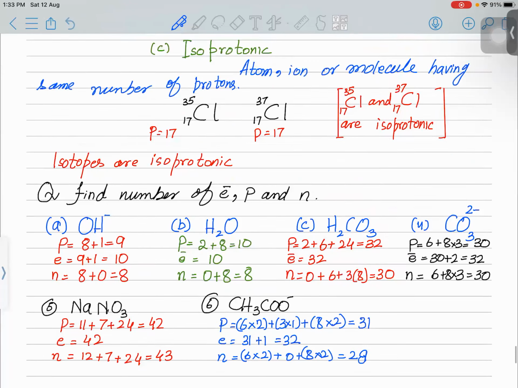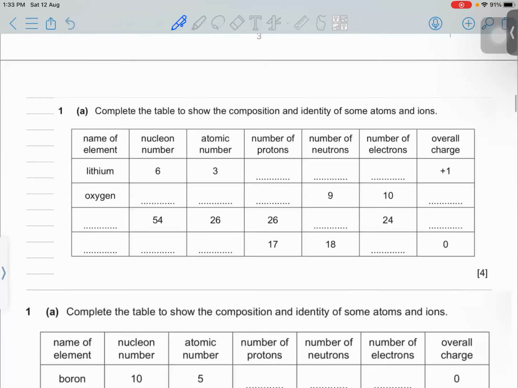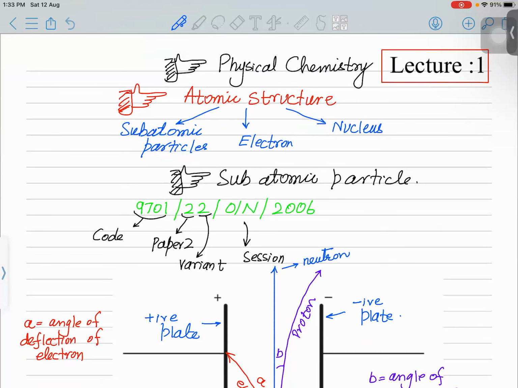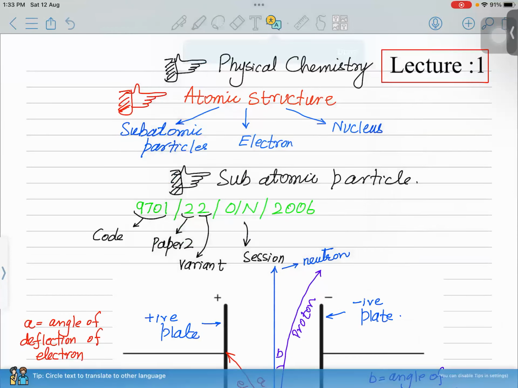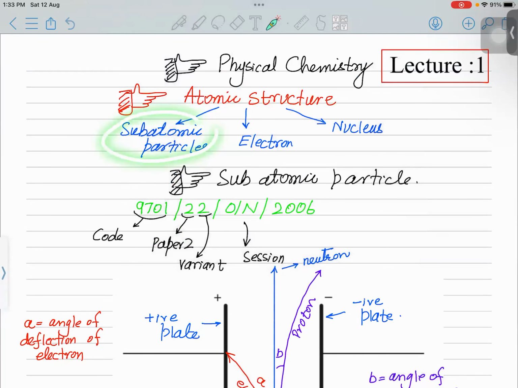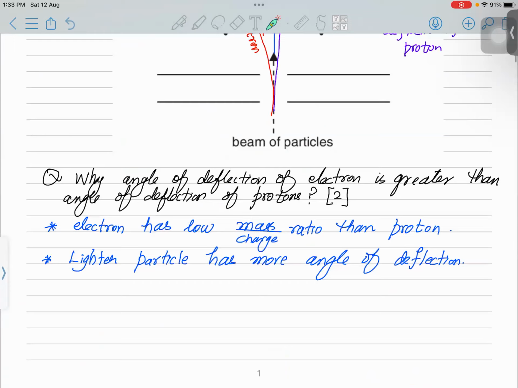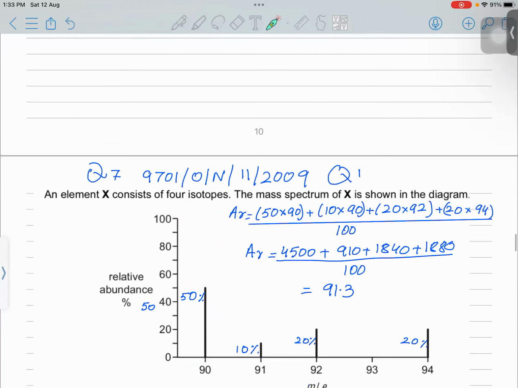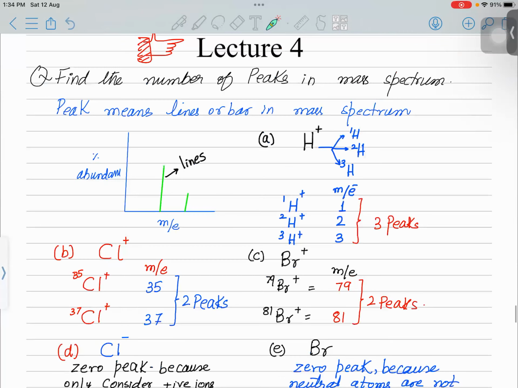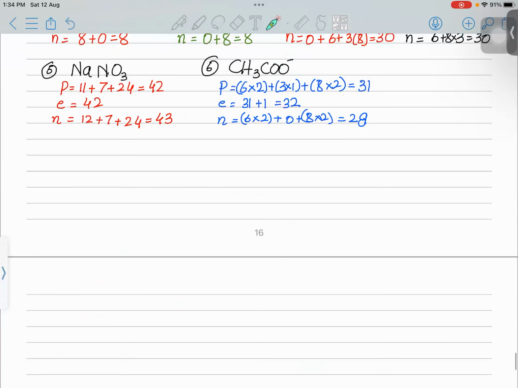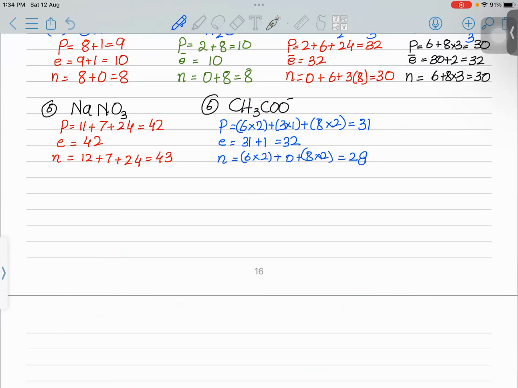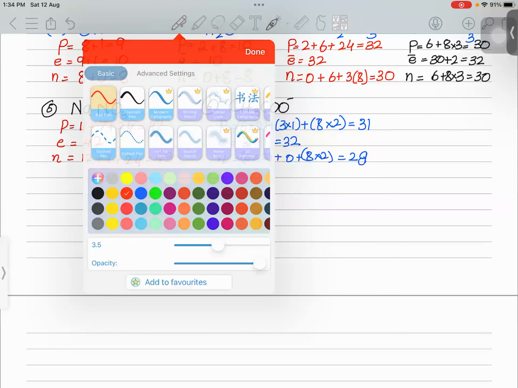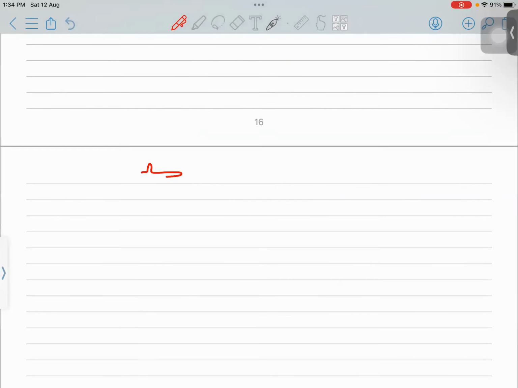As we have discussed, we have 3 sections. Now our second topic is electrons.